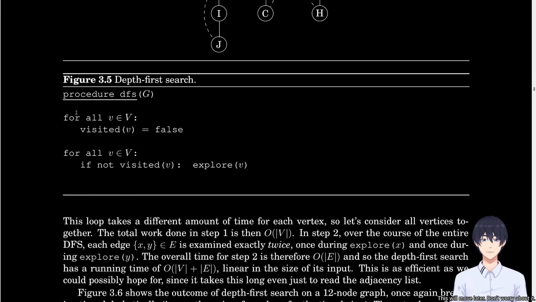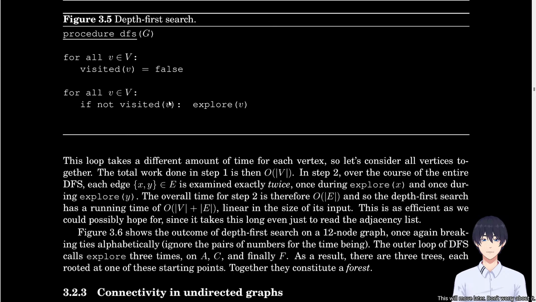But depth first search. For all vertices, mark them false. So initialize an array of falses in the size of the vertices. For all vertices, if not visited, explore it.